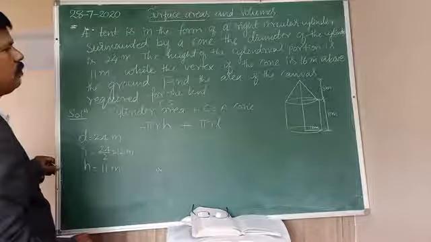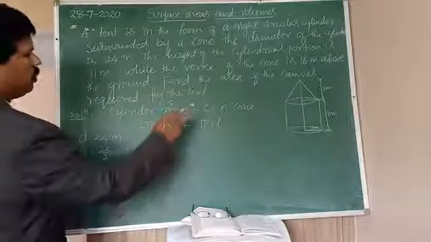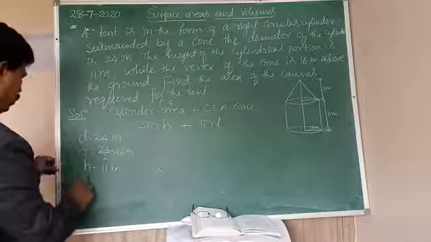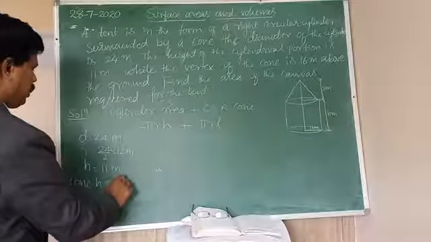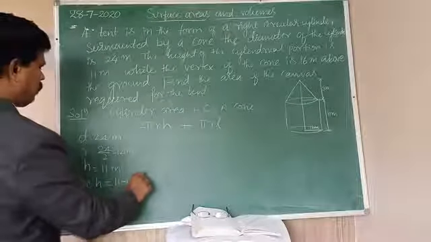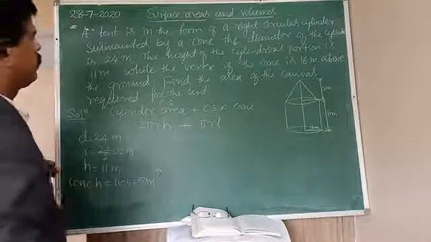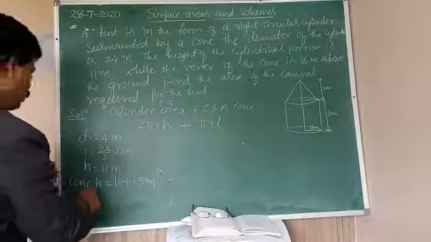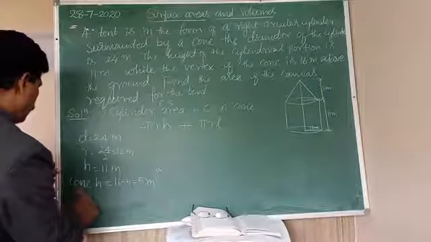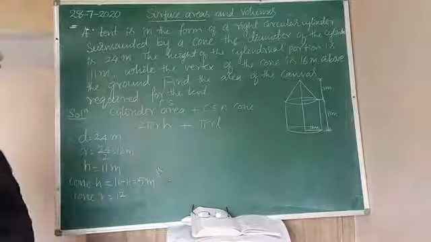The vertex of the cone is 16 meter above the ground. So the cone height is equal to 16 minus 11, that is 5 meter. And the radius of this cone is also the same as the cylindrical one.